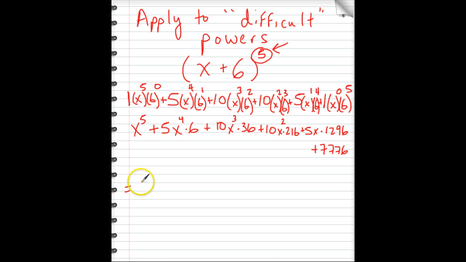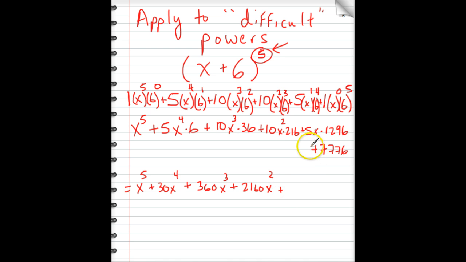Cleaning this up a little bit, we will get our final answer. We have x to the 5th. We have a 5 times a 6 down further, which is 30x to the 4th. Here we have a 10 times a 36, that's 360x cubed. We have a 10 here times a 216, that's 2160x squared.